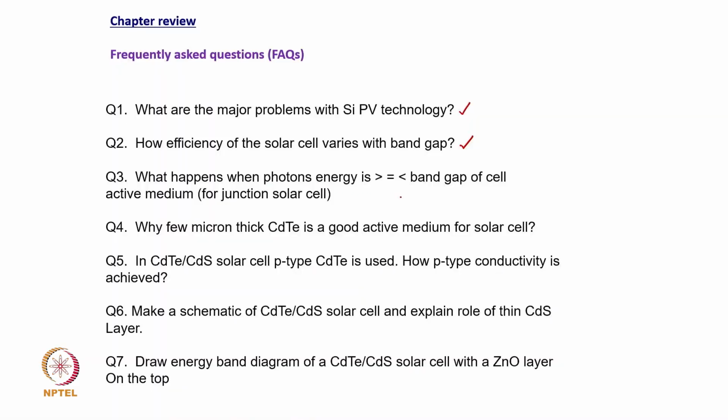What happens when photon energy is greater than, equal to, and less than the band gap of this p-n junction solar cell? That I discussed in the previous lecture also. When we have photons with energy more than the band gap energy, they excite the charge carrier from valence band to conduction band, and then when it comes back to the band edge, there is a thermalization loss.